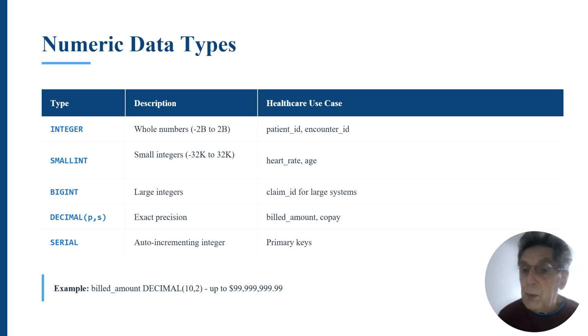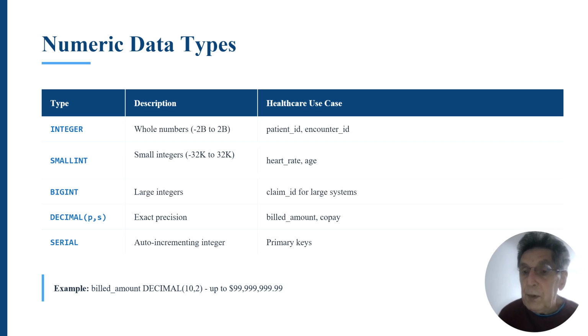You can use big integer when integer isn't enough. Large health systems might have claim IDs that exceed 2 billion over decades. Decimal with precision and scale provides exact precision. We always use this for money. Like decimal 10,2 means up to 99,999,999 cents. Never use float for money. Floating point has rounding errors.